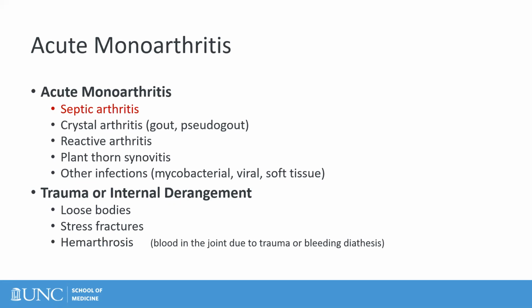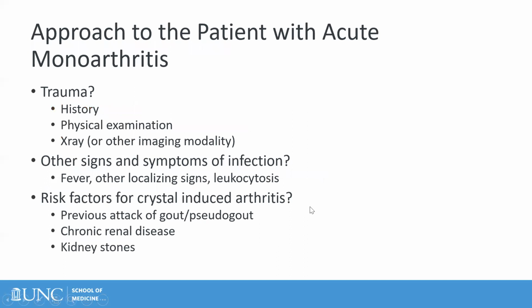They may have a hemarthrosis, which may be due to trauma in the joint, or a patient who has a bleeding diathesis may present with a hemarthrosis. Stress fractures can occur. Sometimes patients will have fractures of the tibial plateau with very little trauma, and they can present with joint pain. And then loose bodies, or meniscal tears or other internal derangements of the soft tissue of the joint may present with a monoarthritis, classically the knee, but not always.